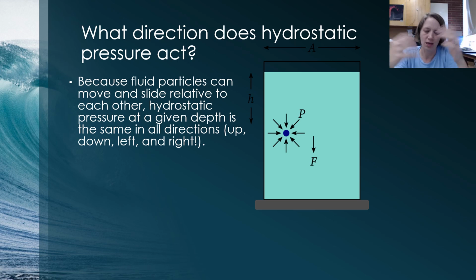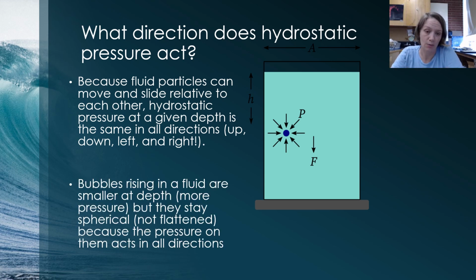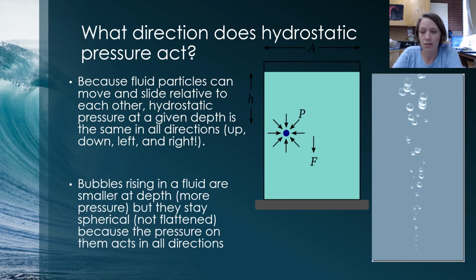This is different than like the elephant standing on the high heels, which only acts downwards. Hydrostatic pressure acts in all directions. We can see this if you've thought about the way bubbles look as they rise up in a fluid. They're definitely smaller down here when it's really deep because we have a lot more hydrostatic pressure based on that linear relationship between H and P. There's a lot more pressure, but that pressure acts in all directions.